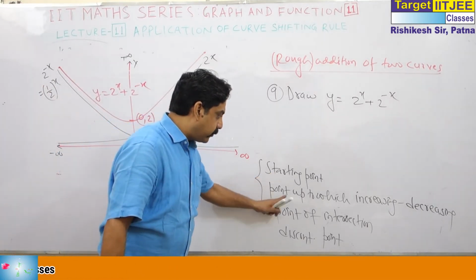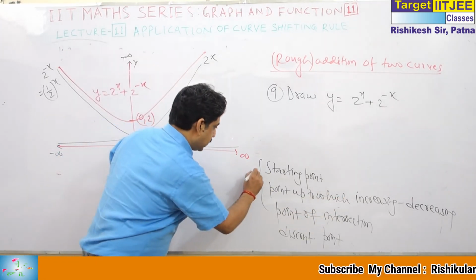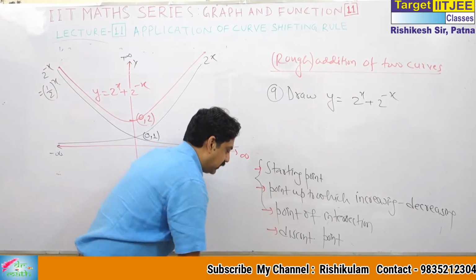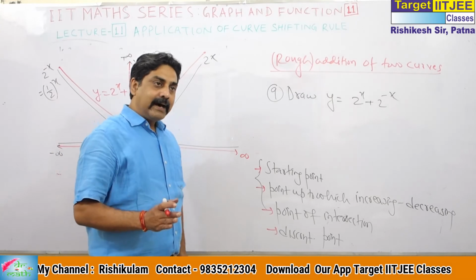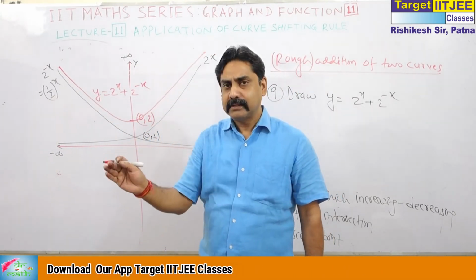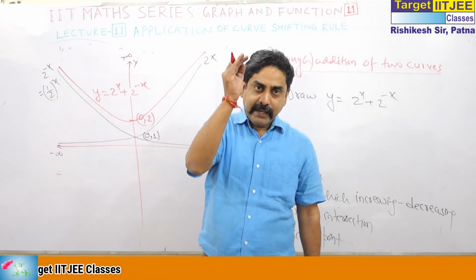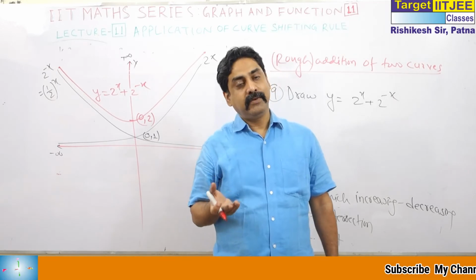The starting point, the point up to which it increases or decreases, and the point of intersection. First point, sometimes a discontinuity point. We can do it for plain and simple graphs. The graph might be incorrect in some cases, but it is very helpful in objective examination. You can get the answer, very helpful.